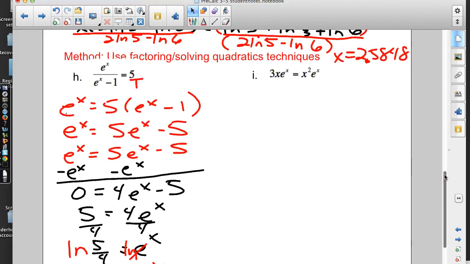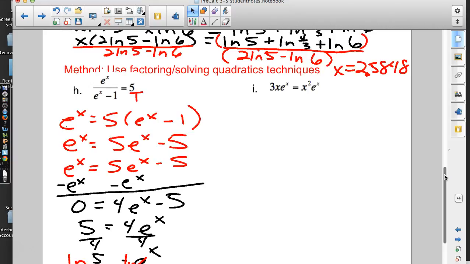So, factoring, solving quadratics techniques. Oh my goodness. Well, since having it on both sides doesn't seem to be helping a whole lot, maybe I'll move everything over to one side. And it looks like this is the squared term here.